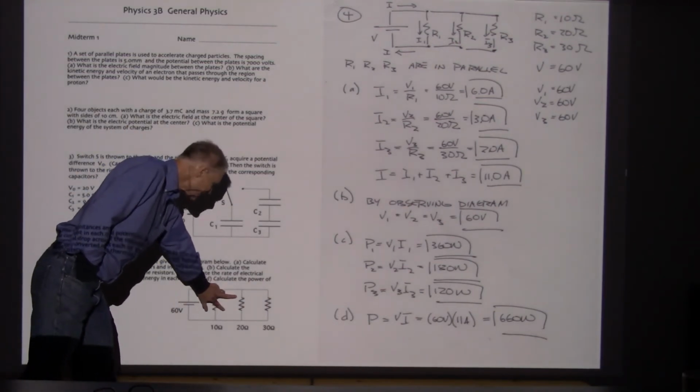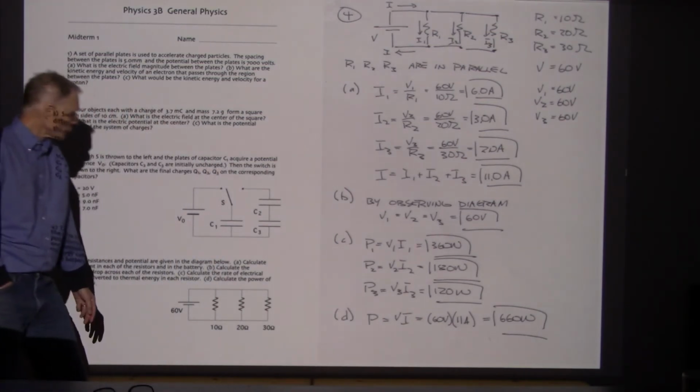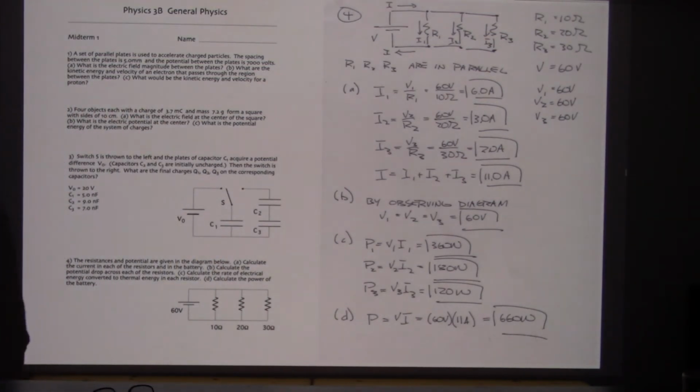Each of these resistors is directly connected to the terminals of the battery. So each of those resistors is attached to 60 volts. There's 60 volts of electric potential across each one. Those resistors are all in parallel.